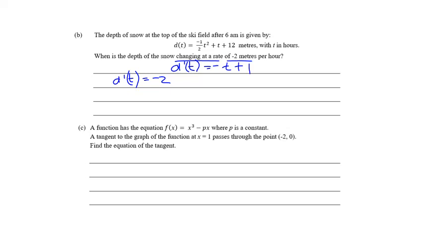You're telling me that -t plus 1 is -2? So -t is -3, so t is 3. Is that right? No time in context, therefore 9 a.m., because it's 3 hours after 6 a.m.